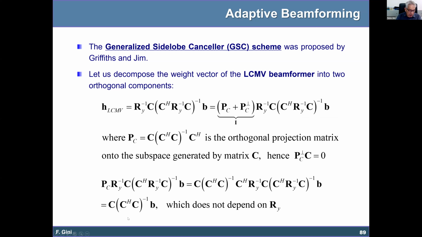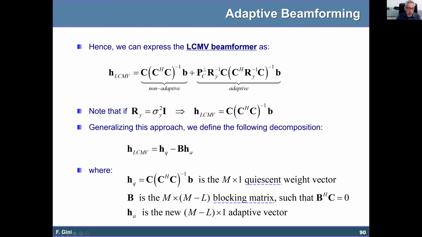And the most important thing that should be observed is that this term does not depend on the covariance matrix. So this term can be implemented without depending on Ry. So we do not need to implement this part of the beamformer in an adaptive manner.